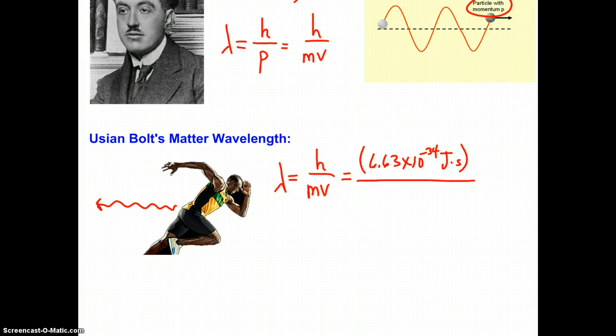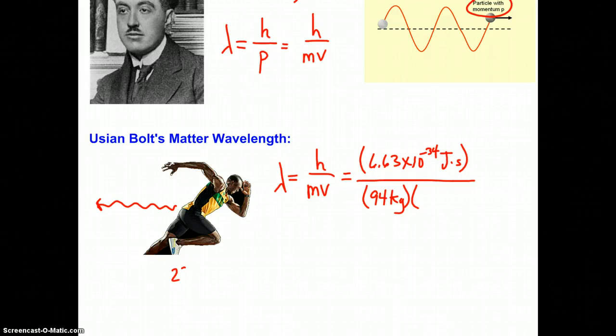We divide by Usain Bolt's mass. I went and looked it up. He has a mass of 94 kilograms. And now we need to know Usain Bolt's speed. Well, he is known to have gone 23 miles an hour.